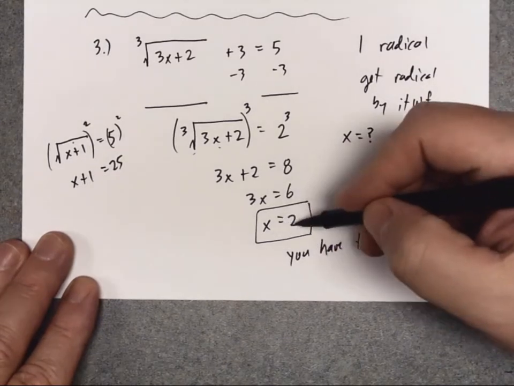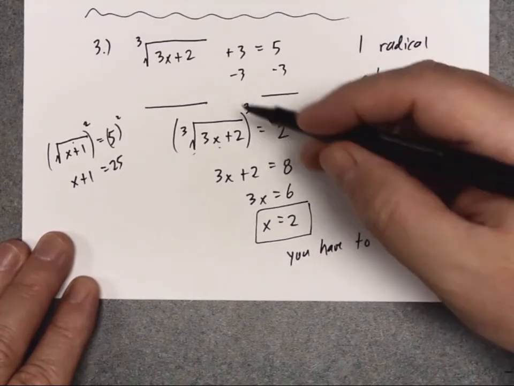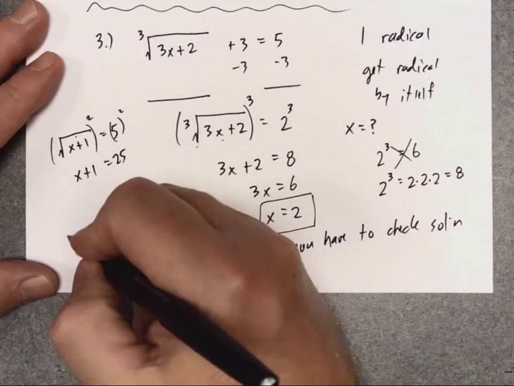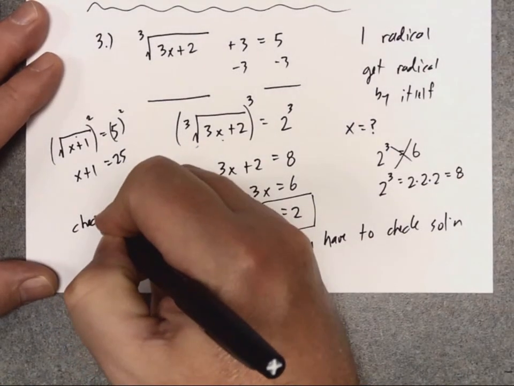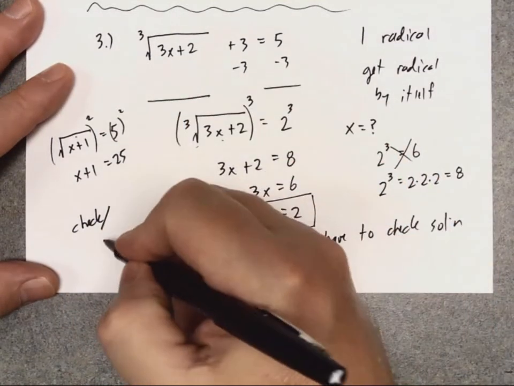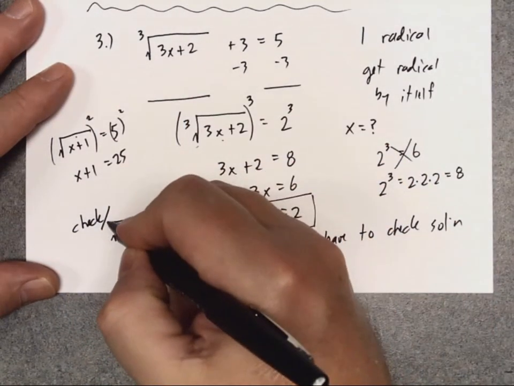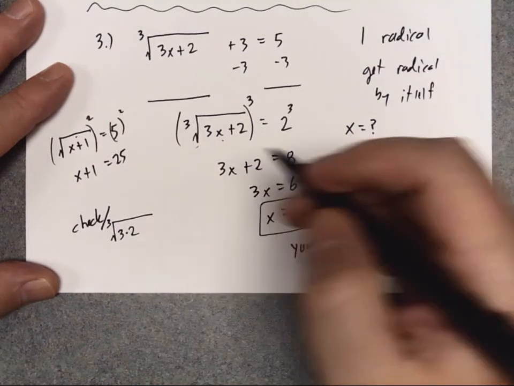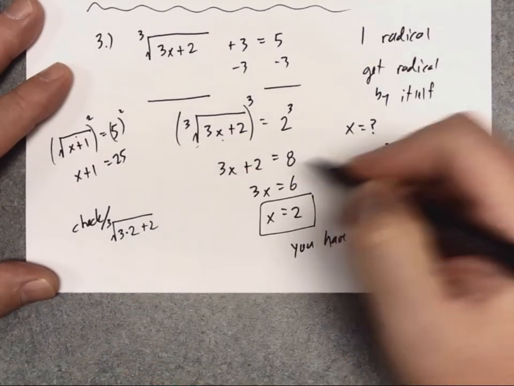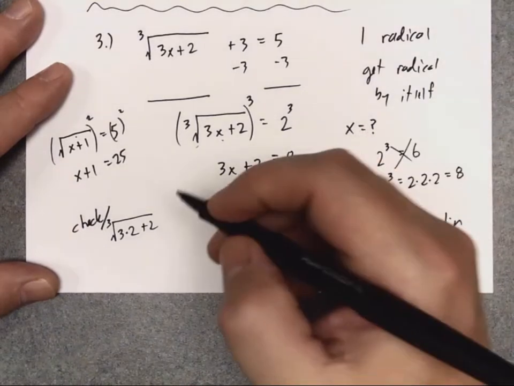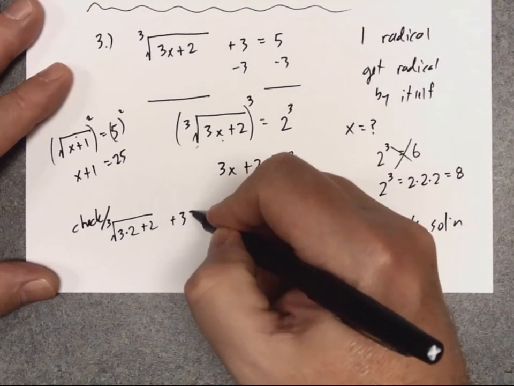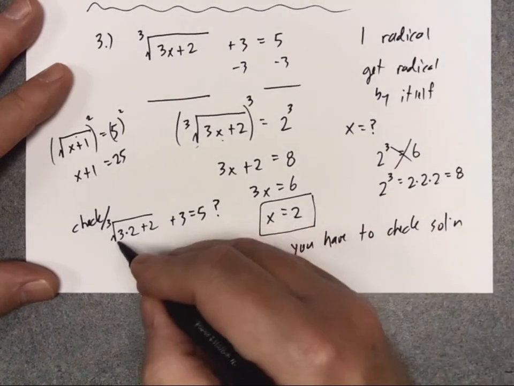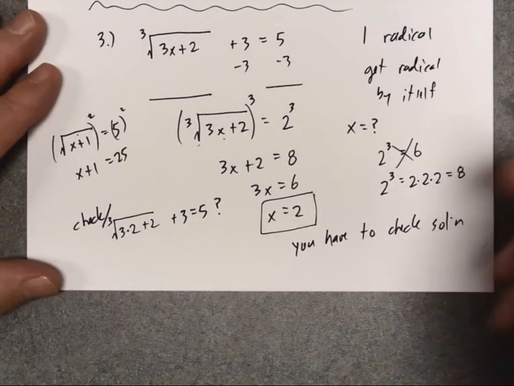So what you do is plug in 2 for x in the original equation and see if it works. So here's the check. It's the cube root of 3 times 2 plus 2, plus 3 equals 5. Basically I'm asking, when I plug in the 2 for x, is this equation true?